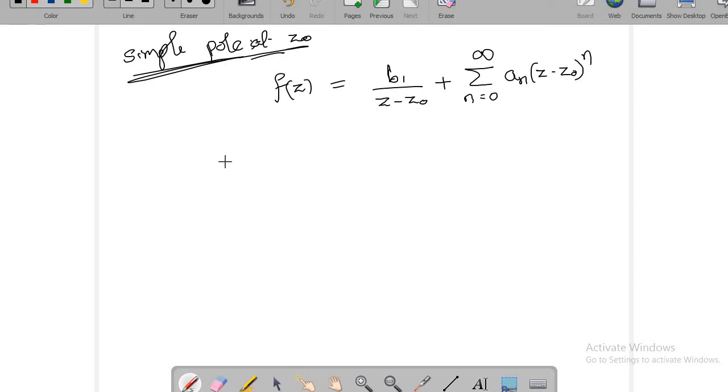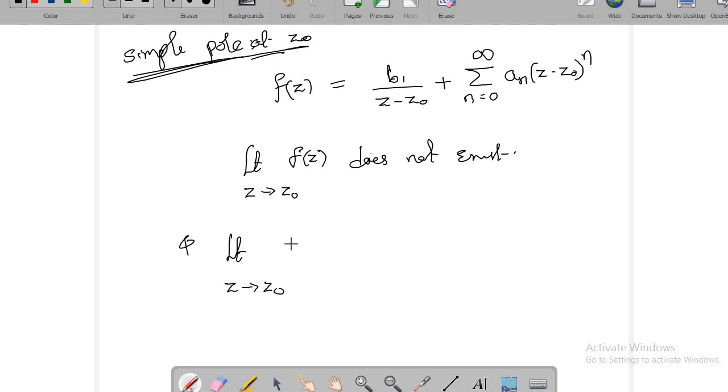Now let us do one thing. You can see that limit z goes to z naught, f of z, definitely does not exist. And if you look at the other limit, limit z goes to z naught, if I multiply with z minus z naught, that is z minus z naught into f of z, you'll get b1 plus z minus z naught whole power n plus 1, isn't it?